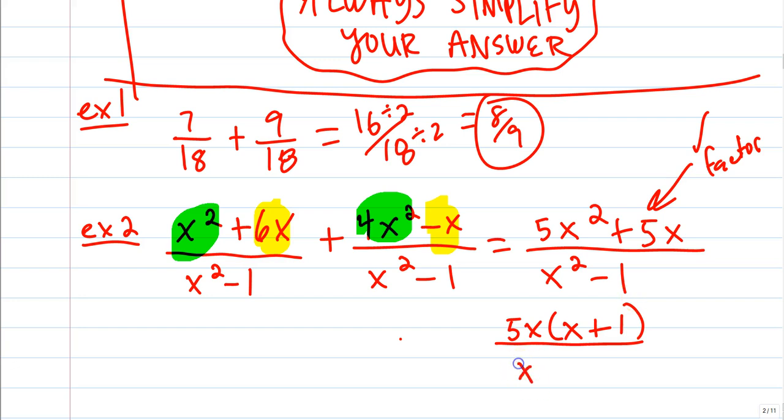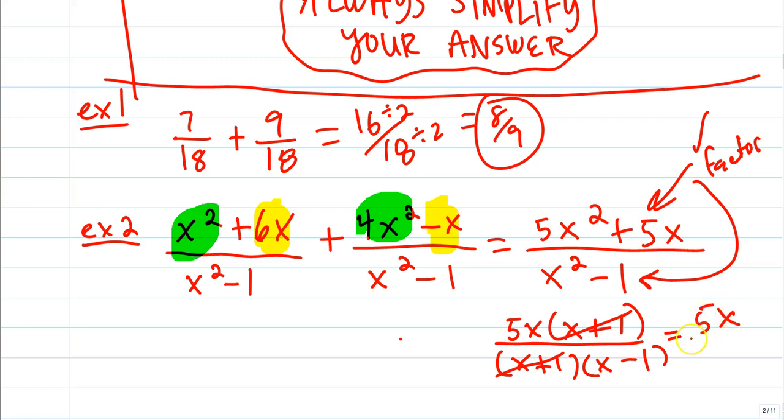If I just put the x squared minus 1, we'd say, no, that doesn't cancel anything out. Well, check, can that factor? That is a special a squared minus b squared, x and x, plus 1 minus 1. Now I can cancel out, not the x and the x and the 1 with the 1, but the group with the group, leaving us with 5x over x minus 1.